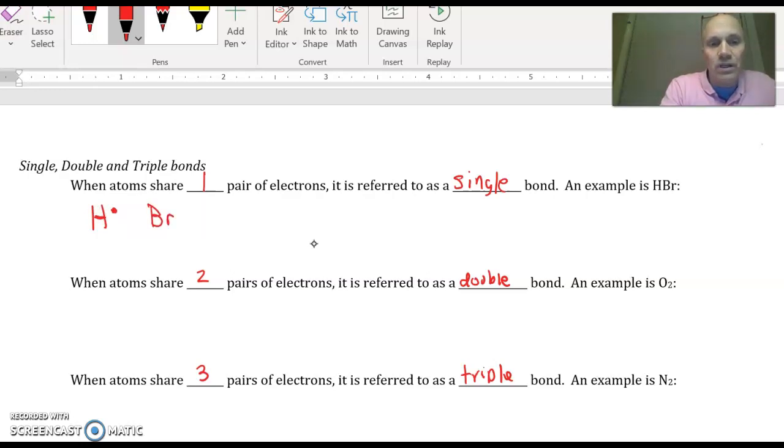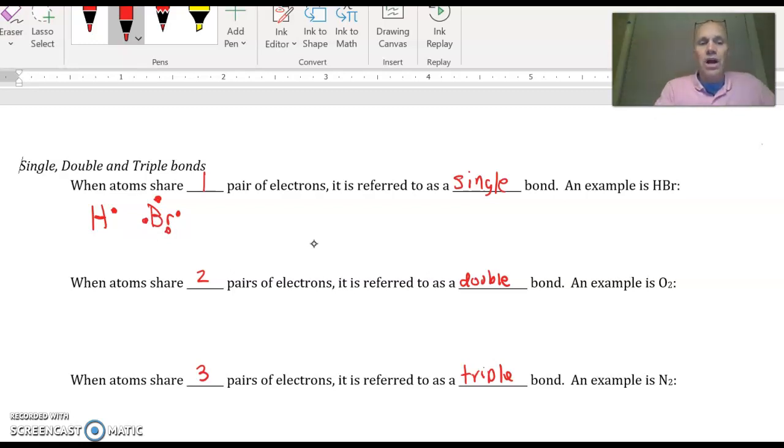Let's do the bromine. Remember the rule for doing this: you want to put a dot on each side before you double up. So here, here, here, here, and we have to put 3 more. I know that's going to end up making 3 pairs and leaving 1 electron as a single electron.